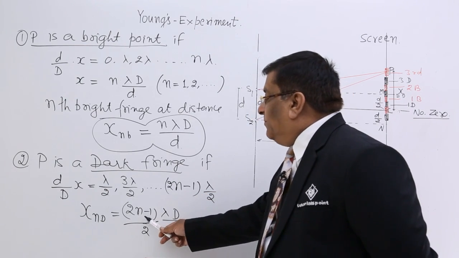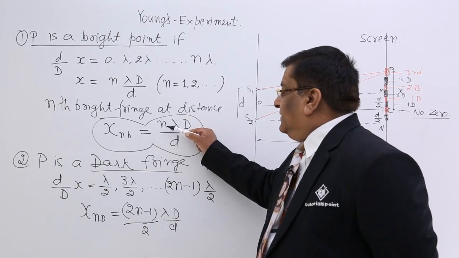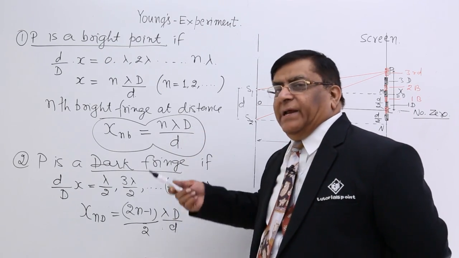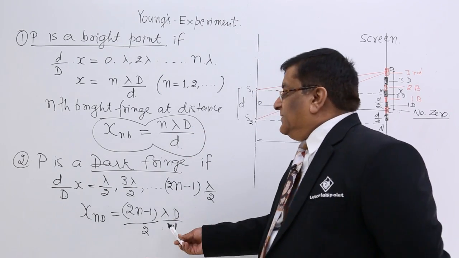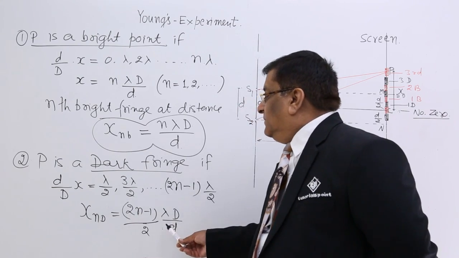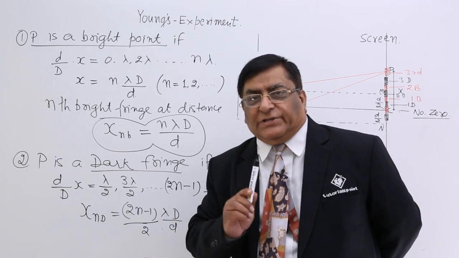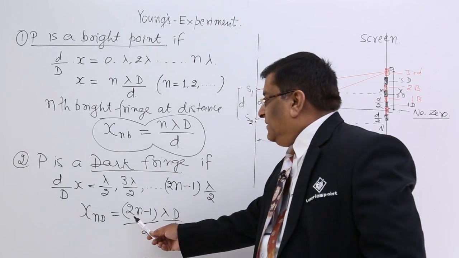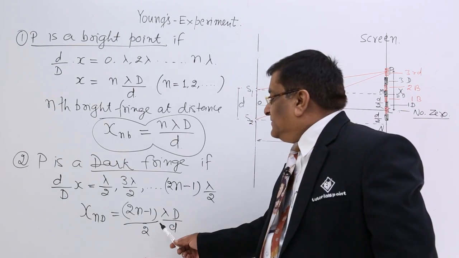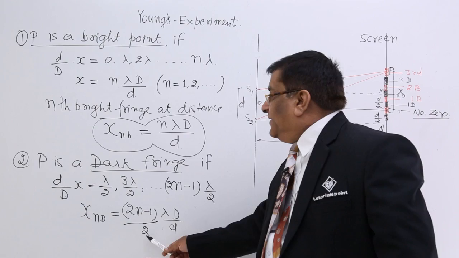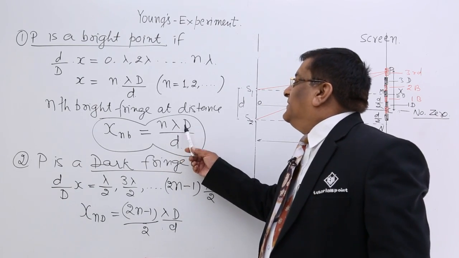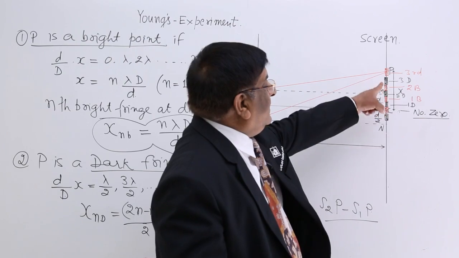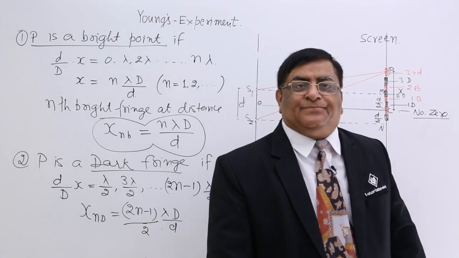So first there will be dark, then bright, then dark, then bright, and this is the nth number distance. The distance of the nth fringe is given by this formula, and this is a multiple of lambda by 2, this is a multiple of integral lambda.